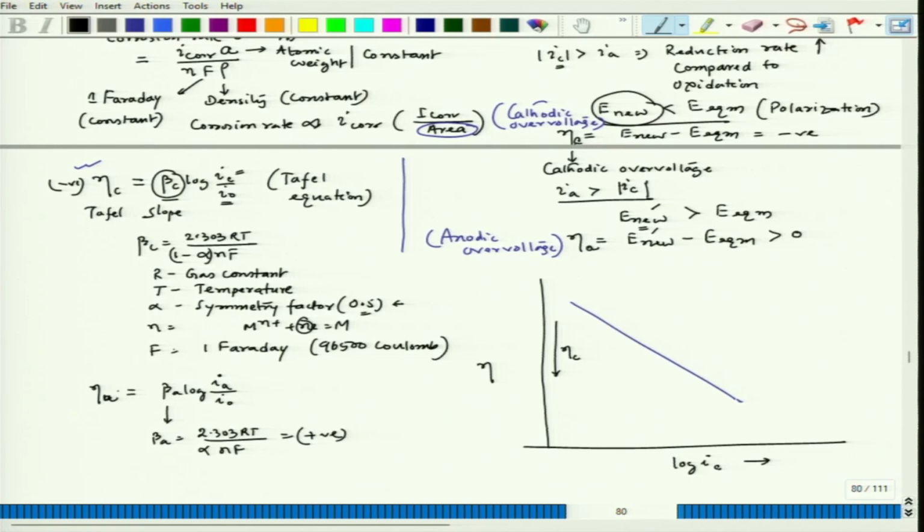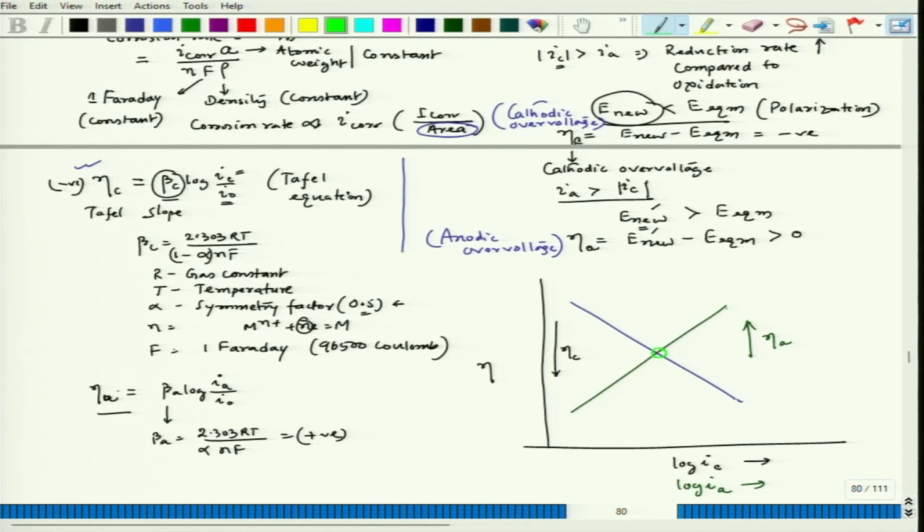So, that is what this cathodic over voltage is. Now, if I try to look at this equation and if we try to plot it here over here in this particular graph, that plot would be another straight line. So, here you could see, this log I A, if we increase, the potential is going up, right, and they are crossing at some point, and this point is critical.